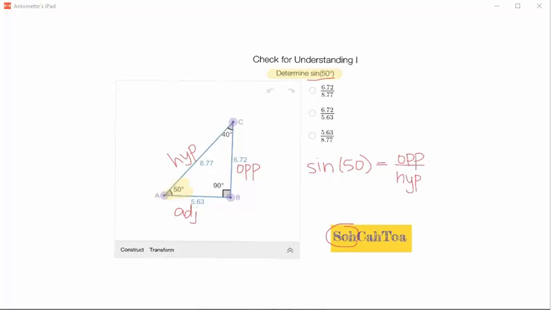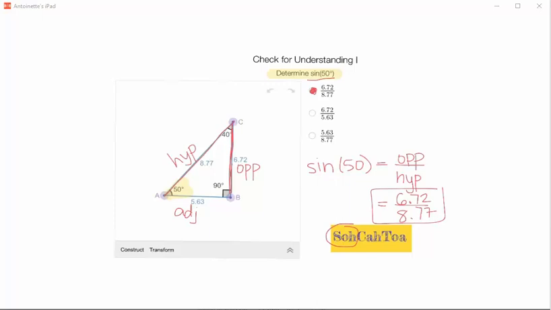If we look at our picture, the opposite side is right here, which was 6.72, and our hypotenuse had a value of 8.77. So that should have been our answer, which was this one right here.